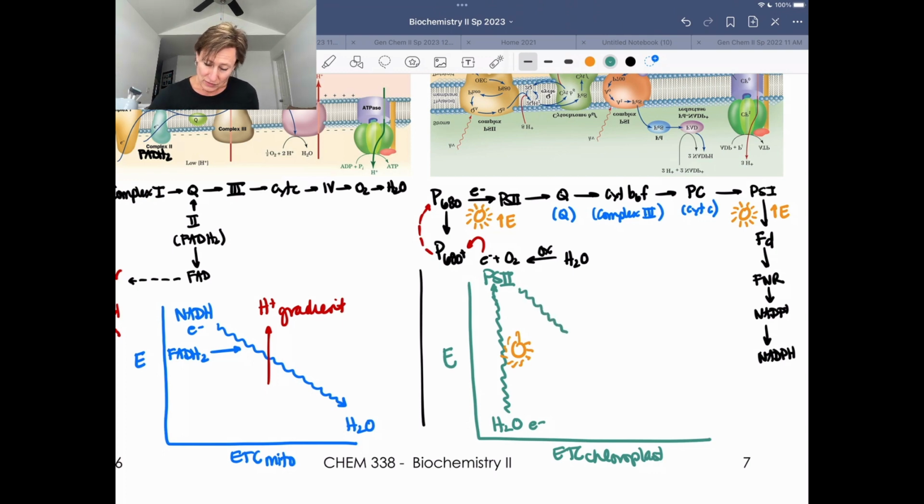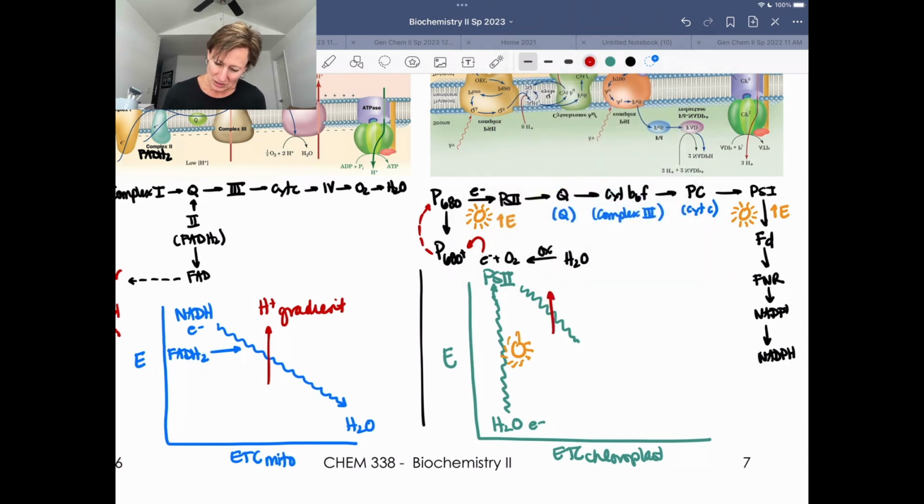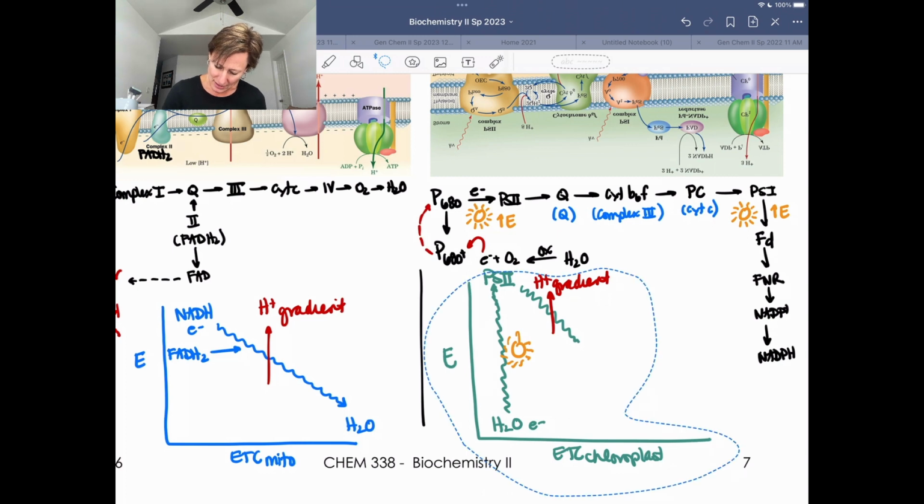So as they sort of get translocated, we are going to be able to generate a proton gradient as they go downhill in energy. So again, proton gradient.